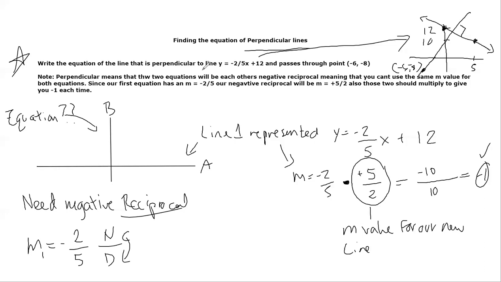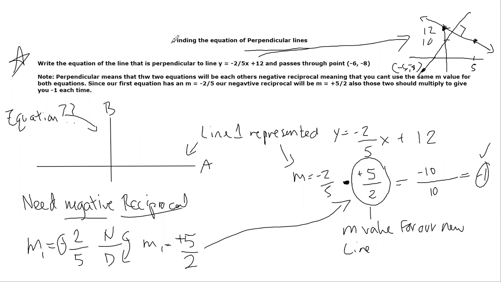So my m value is no longer 2/5, sorry, it's actually 5/2. The numerator and denominator switch places, but that's not enough. I want the negative reciprocal. Since my original is negative, a negative times a negative will be a positive. And that's how I end up with this value for my second one, okay?